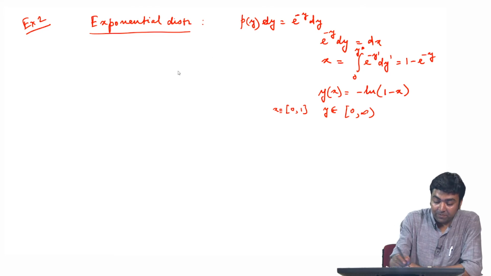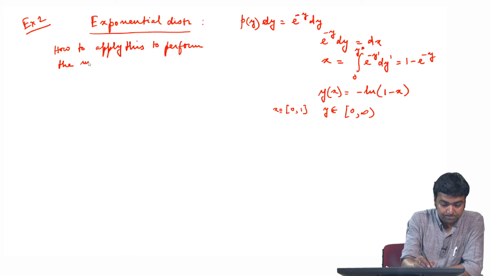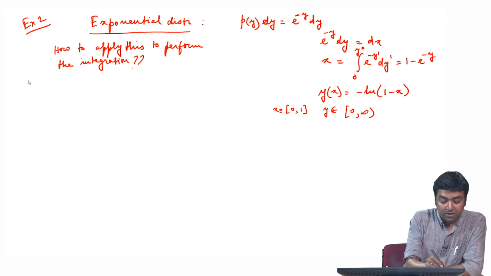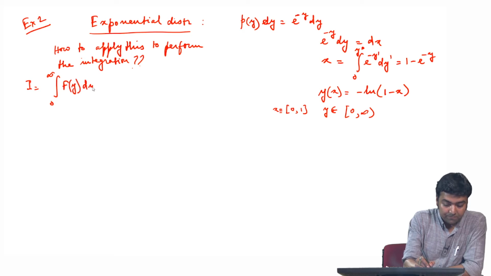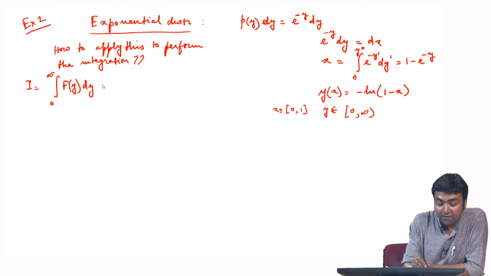So, now the question is how to apply this to perform the integral. Suppose I want to use this distribution to perform the following integration: I = integral from 0 to infinity of f(y) dy. What I will do is pull out e^(-y) from f(y).